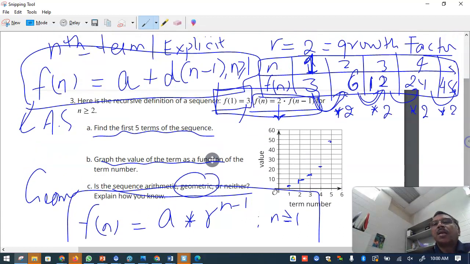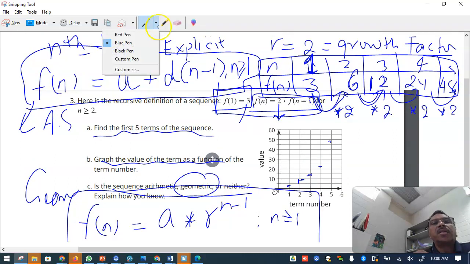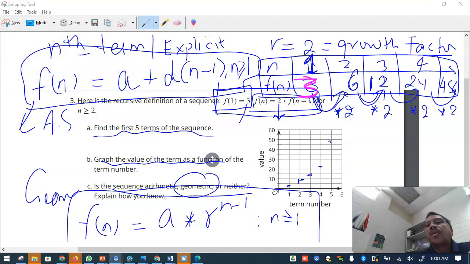And why? You can see, if I start with 3, that is the important one. And then you want to go for 2. This is f of 2, right? f of 2 is 6. So how did you get f of 2 is 6?